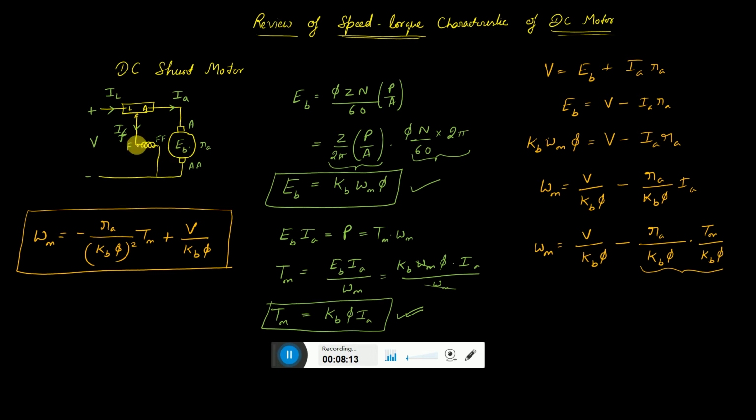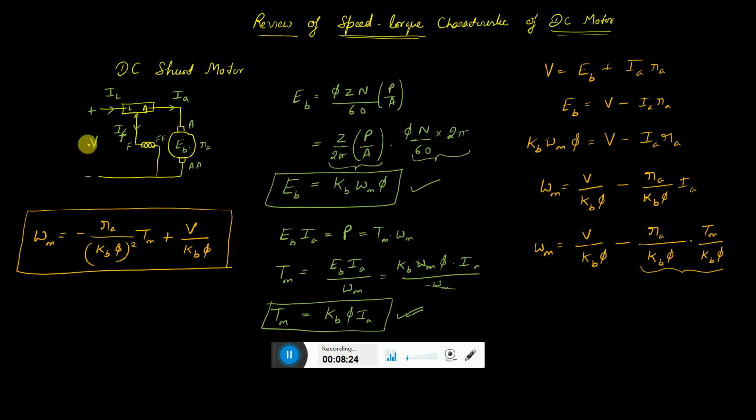What else expressions can we get from here? We know that the voltage is fixed here. We can also write that the If term is nothing but V by the resistance Rf. Though we don't need this expression anymore, because if the voltage is fixed and the field resistance Rf is fixed, I don't need the value of this since the entire term is fixed.